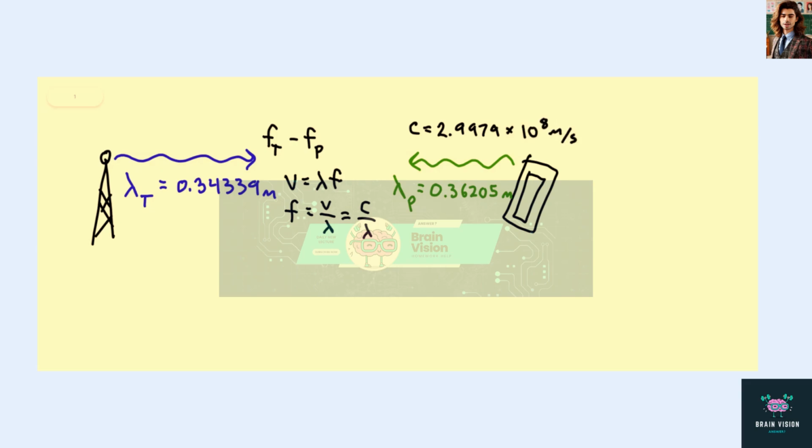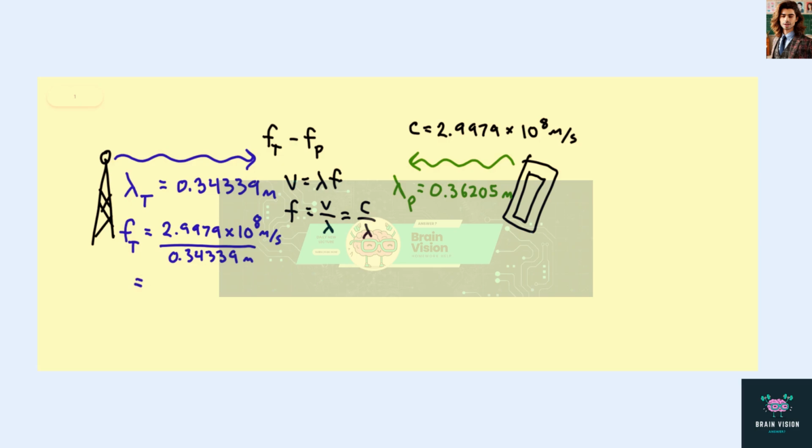So let's go ahead and plug these into the equation and try to find the frequency of our transmitter first. F of t is equal to the speed of light, 2.9979 times 10 to the 8 meters per second, and then we divide that by this wavelength that they've given us, 0.34339 meters.